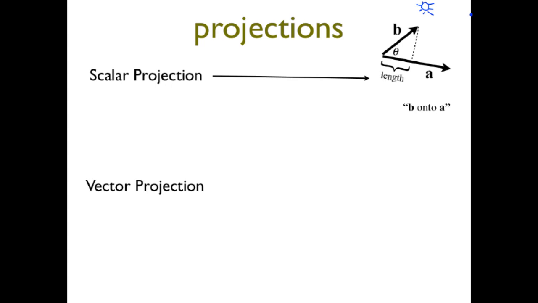It's the length of the shadow that B casts onto A.